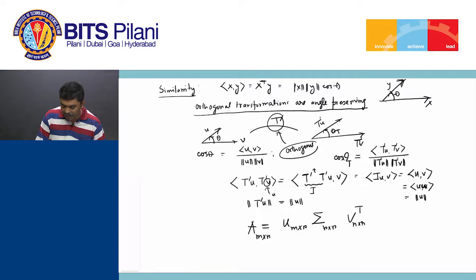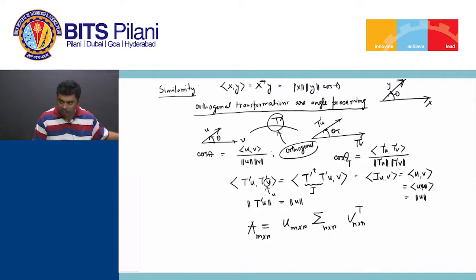The interesting thing is that out of the three matrices, two are non-square, but the middle one is square. This is good, because that means I am in a position to compute the eigenvalues of this matrix. I cannot compute the eigenvalues of A, but I can compute the eigenvalues of the sigma matrix.